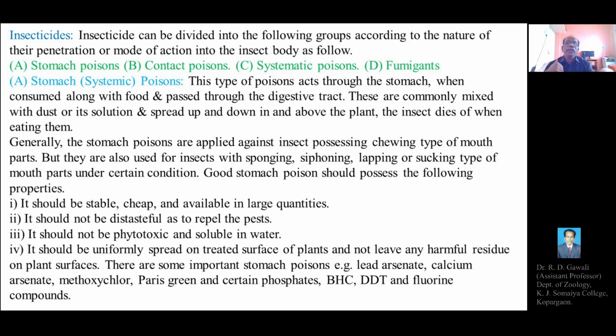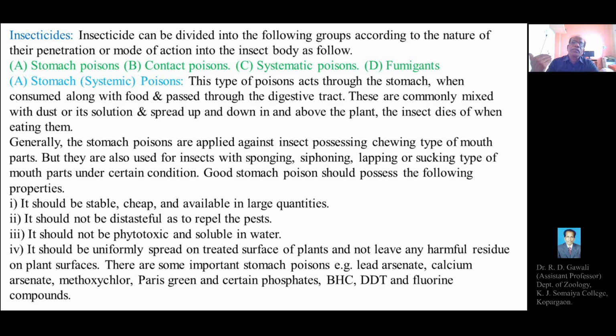The toxic effect of these poisons will occur only when they get entry along with the food into the digestive tract or stomach of the insect pest, along with the plant material containing the poison, either in the form of dust or solution spread onto the plants or crops.